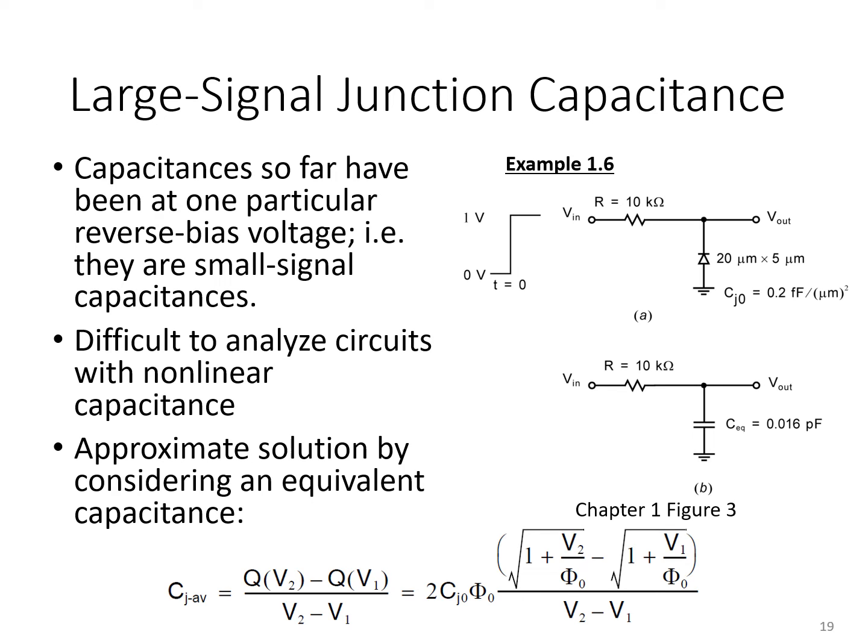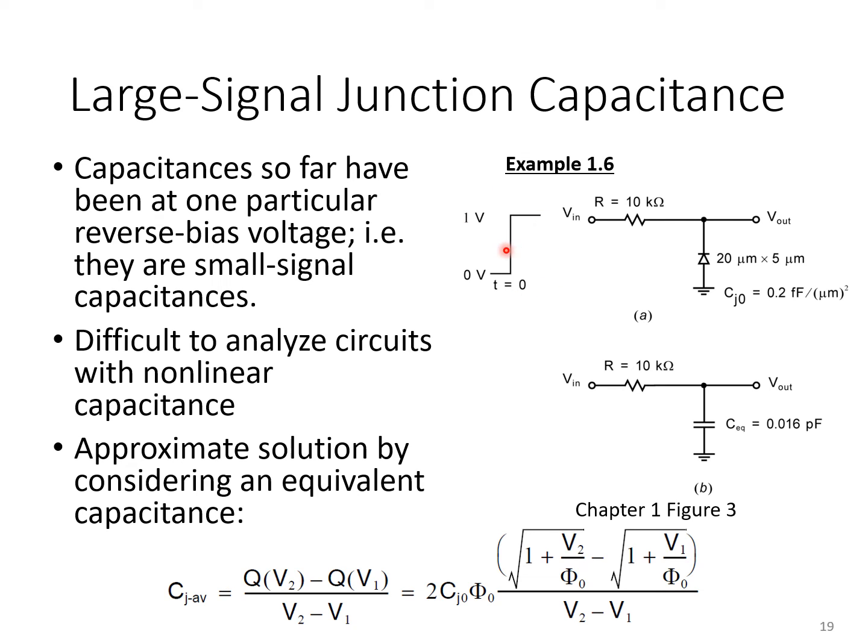So this is a technique to estimate an equivalent capacitance that's a little bit more accurate in situations like that. Effectively, it takes a kind of average junction capacitance, averaging the capacitance of the junction at its initial voltage, in this case 0 volts, to its final voltage, in this case 1 volt.